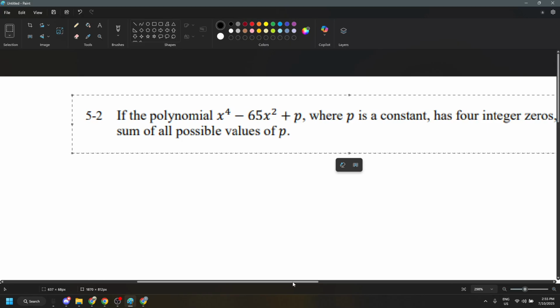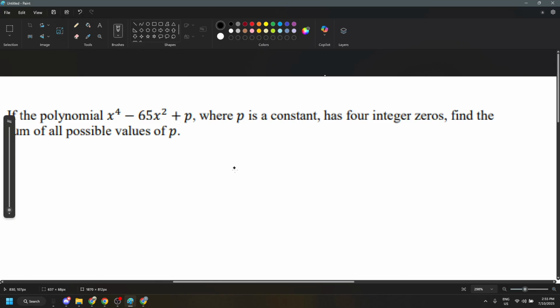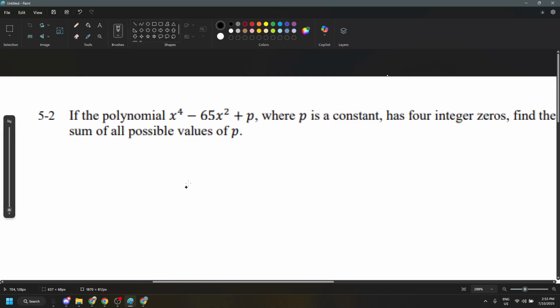Let's do this. The polynomial, where p is a constant, has 4 integer zeros. Find the sum of all possible values of p. So, we could just factor this like a quadratic, because it's just a quadratic squared. I think it's a quadratic squared.